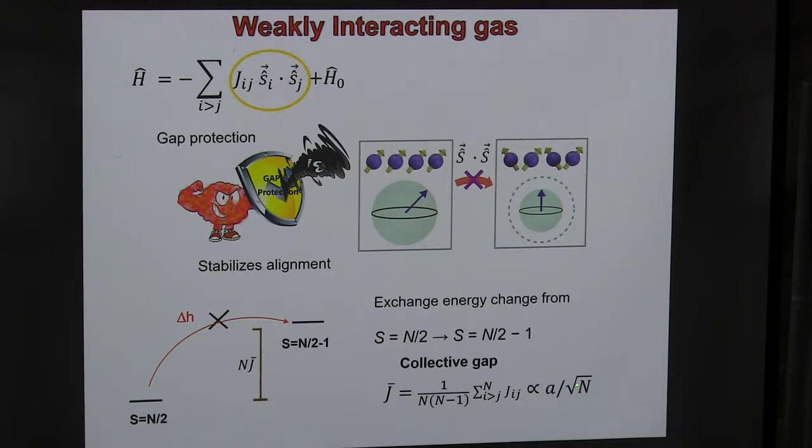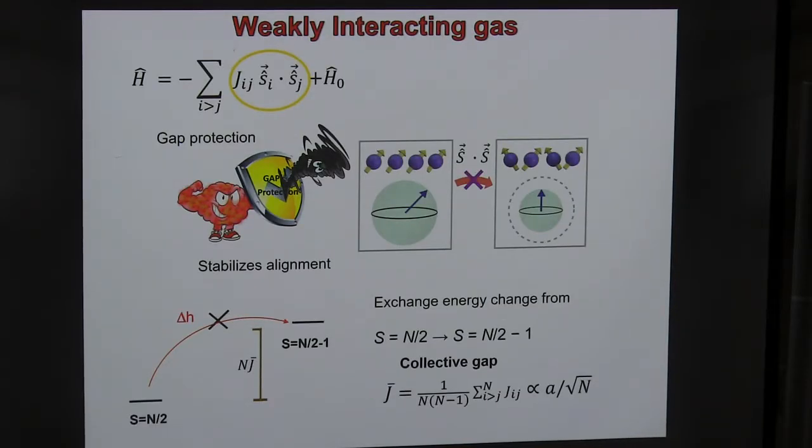This average scales proportional to the scattering length and inversely proportional to the square root of the particle number. So overall, the gap grows like the square root of N, and therefore the more particles, the more protected the system is against this demagnetization. That's the basic idea that we want to explore.